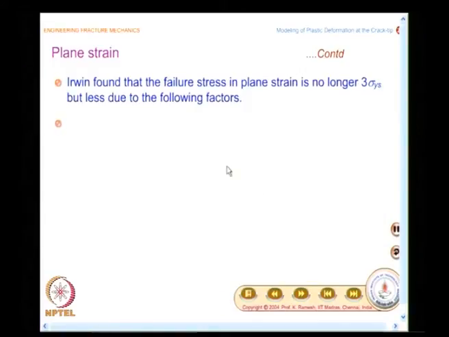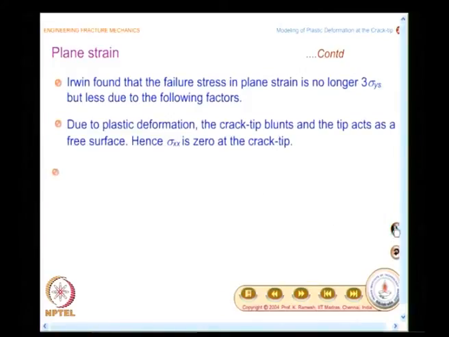And what are the factors? Due to plastic deformation, the crack tip blunts and the tip acts as a free surface. I have already noted this down in the earlier part of the lecture. So, what you have is sigma xx is 0 at the crack tip.